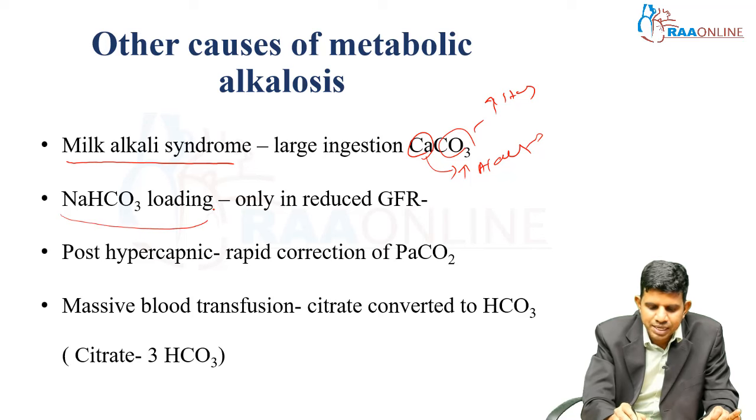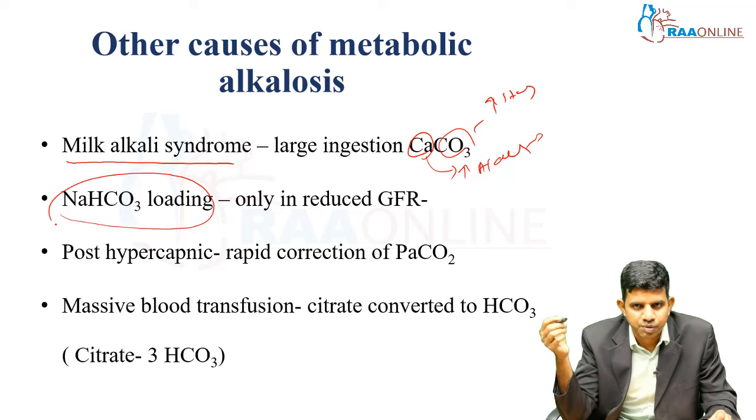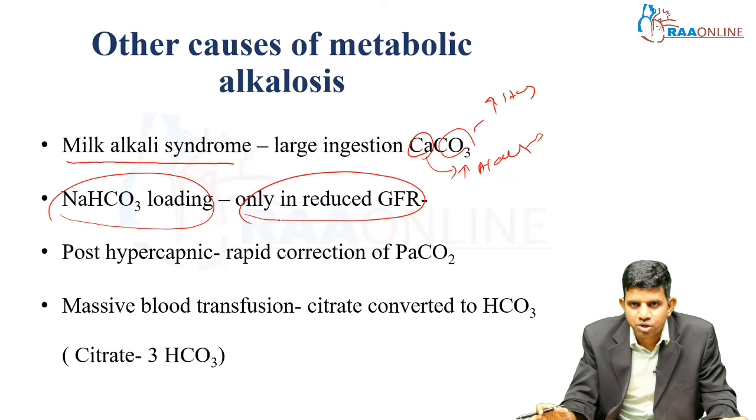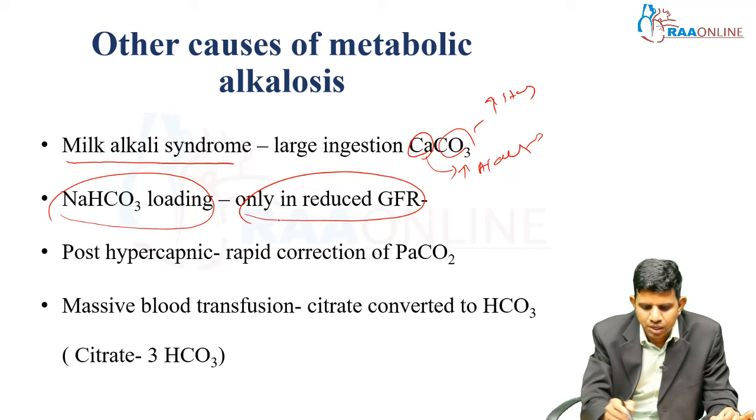Already the exogenous soda IV injection, where I am giving sodium bicarbonate to the patient, normally won't cause persistent metabolic alkalosis, unless the patient has renal dysfunction. The excessive bicarbonate which I administer to the patient is not able to be excreted through the kidney, and it can cause metabolic alkalosis.